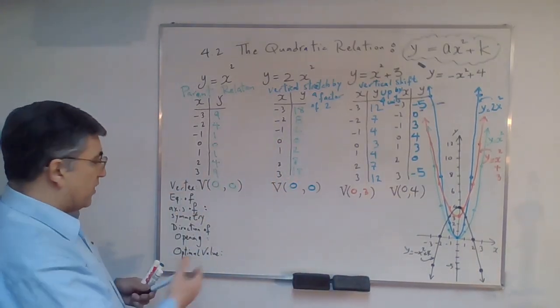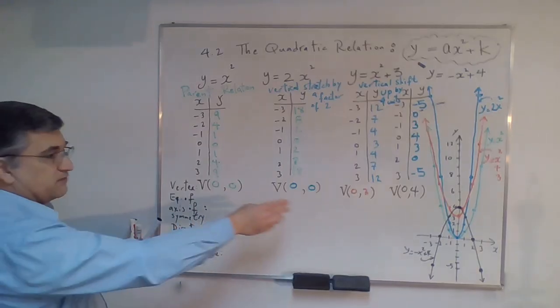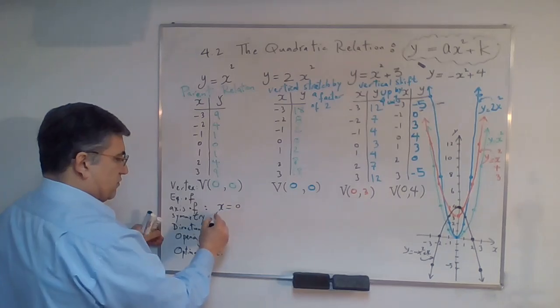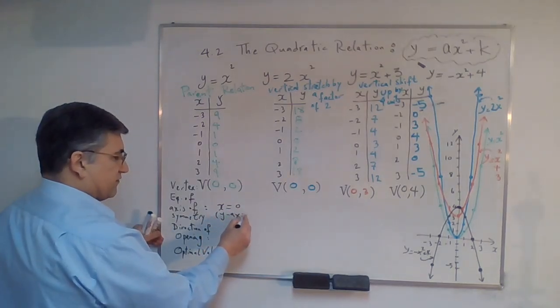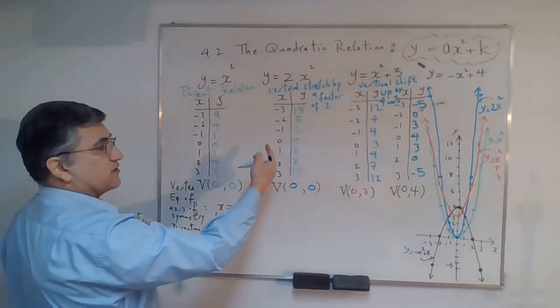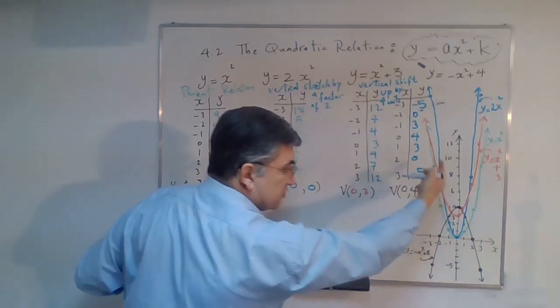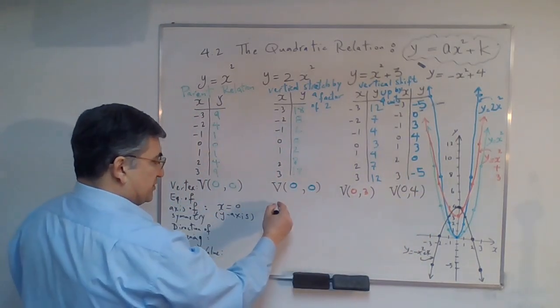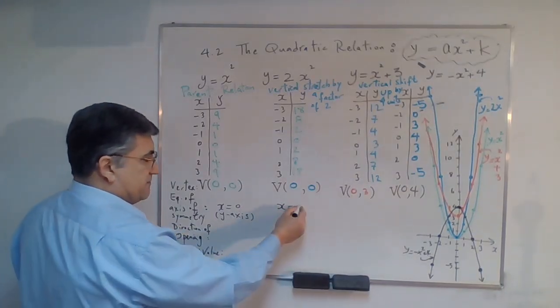About the equation of the axis of symmetry for the green parabola, it was of course x equals 0, which is the equation of the y-axis clearly. When we vertically stretched the parabola, we ended up with the blue one. It didn't affect the vertical axis of symmetry, so the equation is the same.